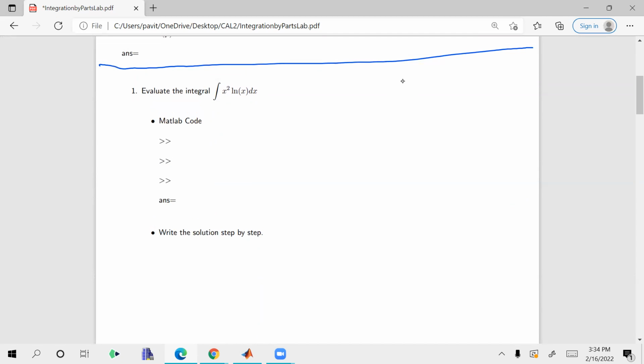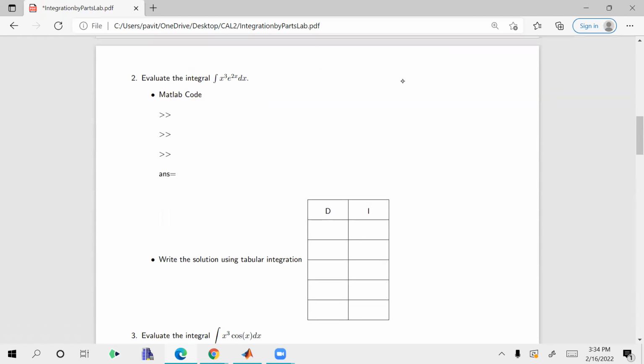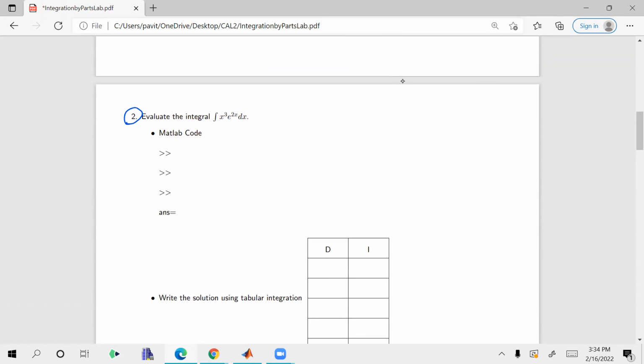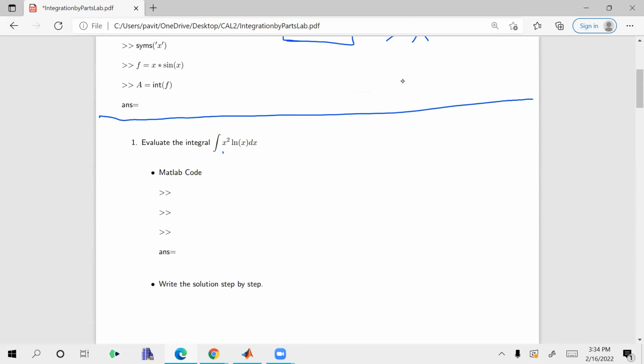I don't want to do the first problem because it's quite easy, right? Okay, let us see. Let me do second problem. Okay, problem 2. Because see, this is integration by parts, right? So you know the formula. You will take first function u as x square, and then dv as ln of x dx. Okay, then you will find what is du by dx, that is 2x dx here, and then you will integrate to find what is v here, right?